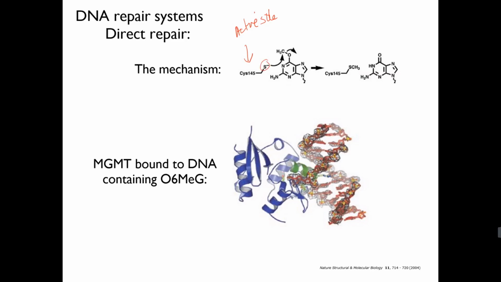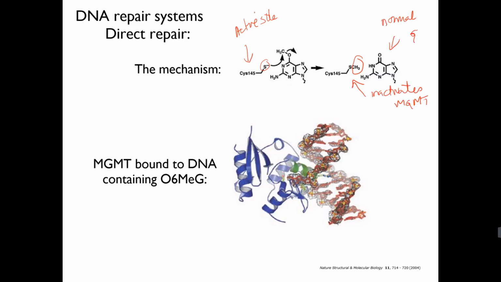So the cysteine nucleophilically attacks the methyl group, resulting in the transfer of that methyl to the active site cysteine, which then essentially inactivates MGMT, and restores the normal G back to its original form.